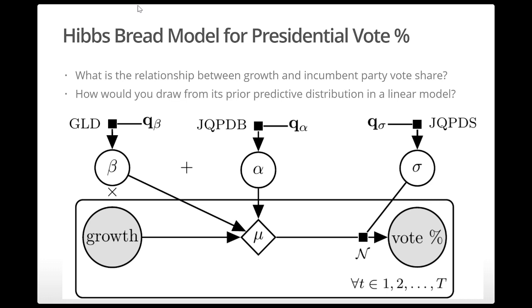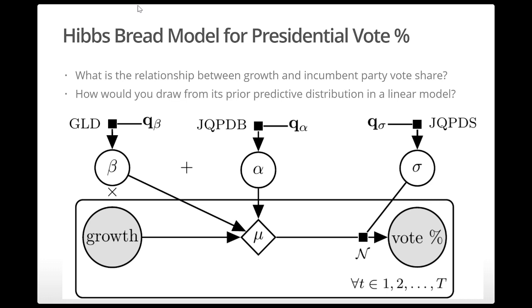And then the squares indicate a distributional assumption, and the lines that go into those squares don't have arrows. They just mean mu and sigma are going into a normal distribution that generates the outcome, vote percentage in this case.